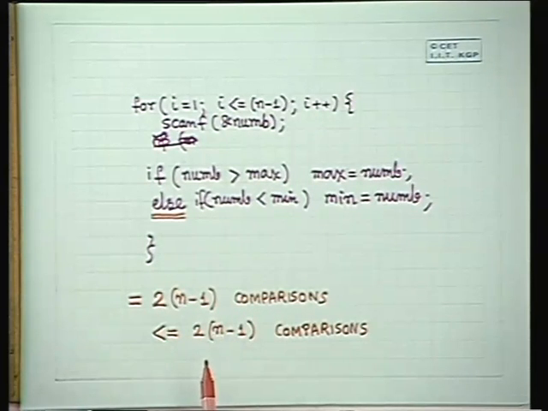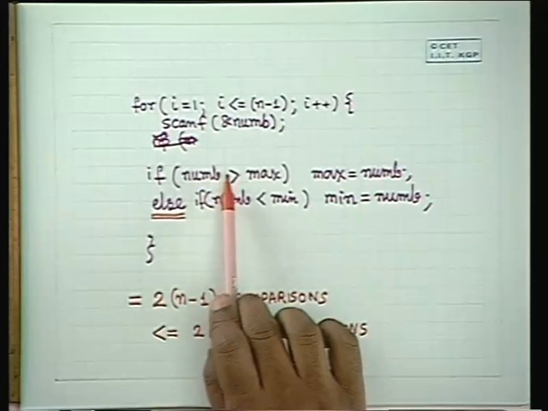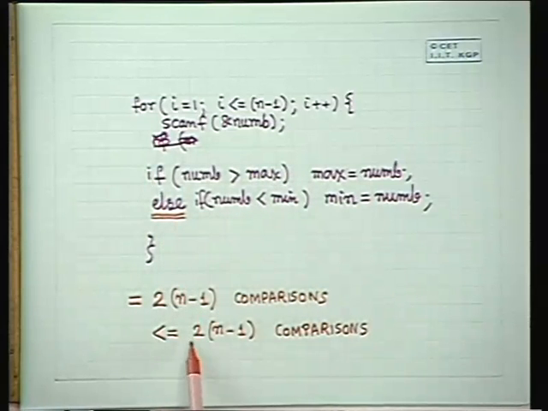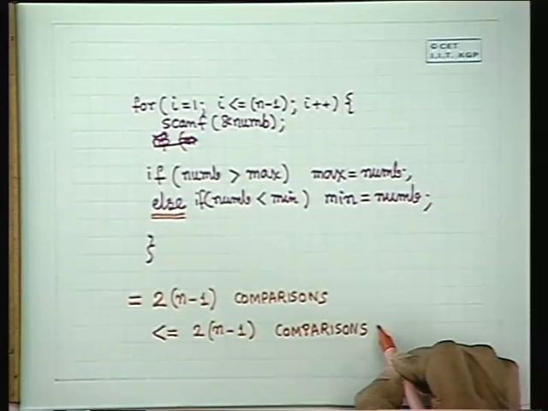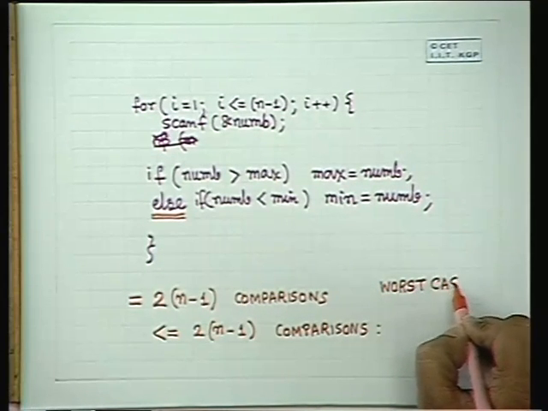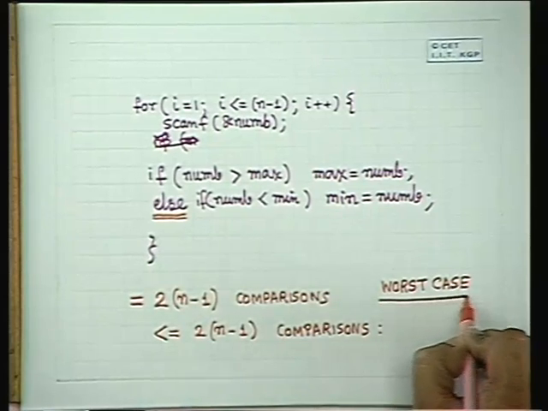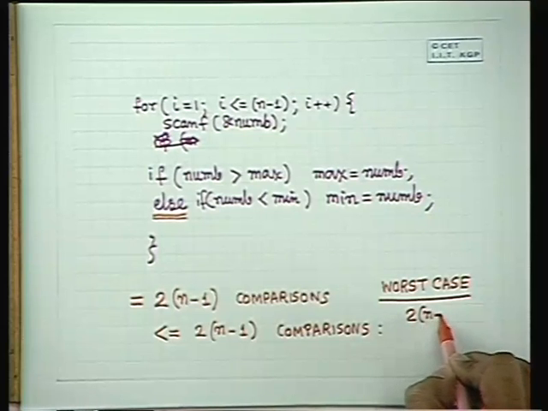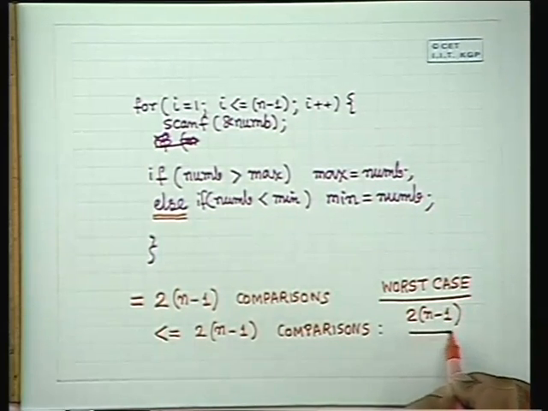But obviously, there exist examples in which even this modified program will make exactly 2 into n minus 1 comparisons. Therefore, in the worst case, both the algorithms are going to make 2 into n minus 1 comparisons. So, in terms of worst case scenario, both the algorithms are going to perform equally.